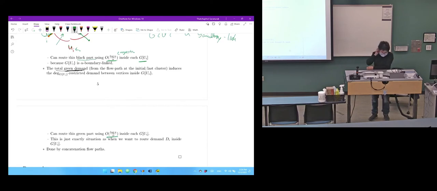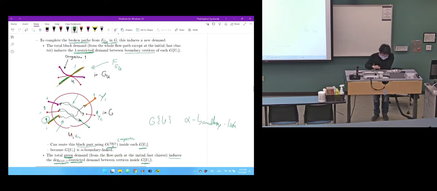And the reason is that this green demand here is going to induce, when you sum over the total flow path, this restricted demand inside each UI, right?